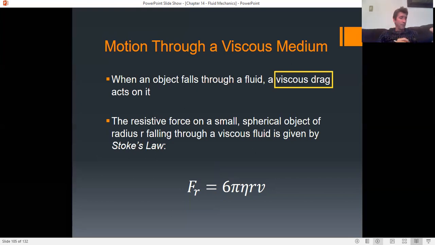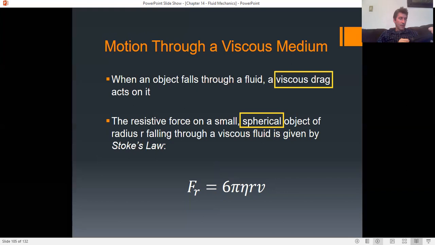And this resistive force for a spherical object, it's different for every shape, but for a spherical object, at a low enough velocity, follows what's called Stokes' law.